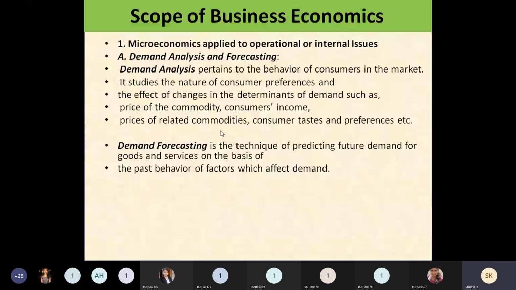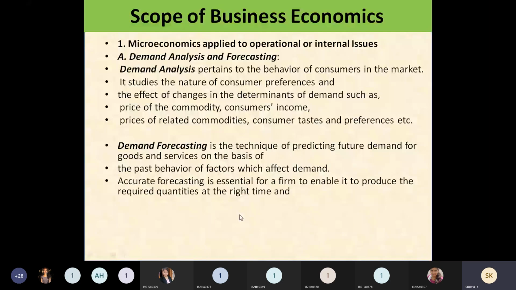So that is nothing but elasticity of demand, where you can apply this demand analysis.